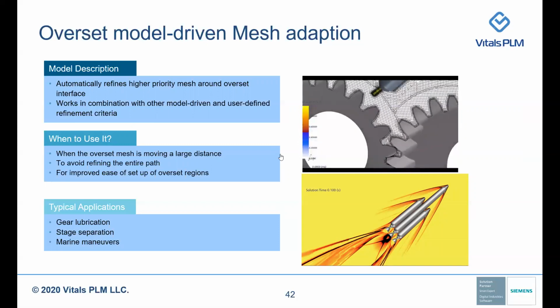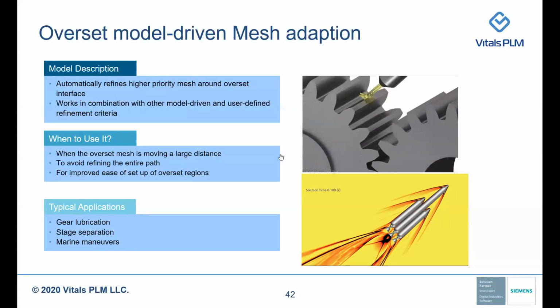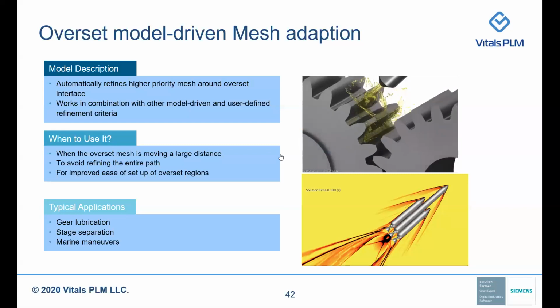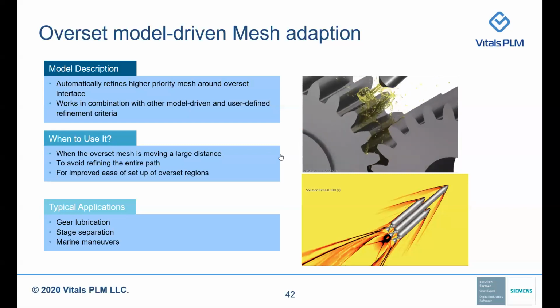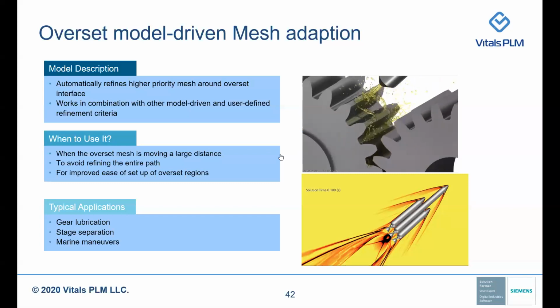Using this technique, you can avoid unnecessary refining of the entire path because the Overset is used in some applications where there is a motion at a large distance. So instead of resolving the whole path using the AMR technique, you can automatically adapt the mesh without having unnecessary upfront refinement.